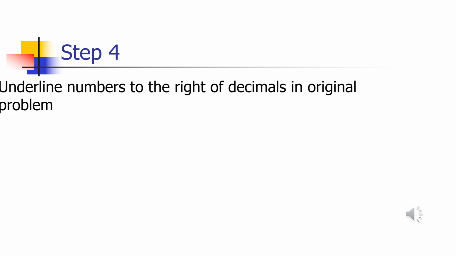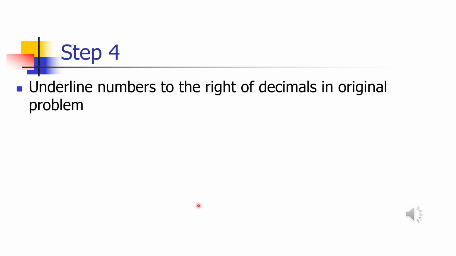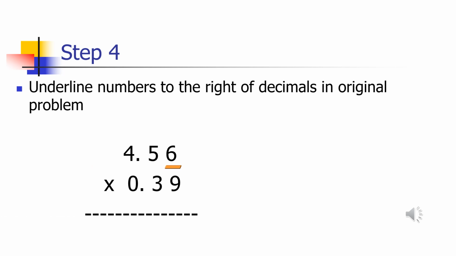Step number 4, underline the numbers to the right of the decimal in the problem. We have 4.56 times 0.39, so we have 2, 3, 4, which is 4 decimal places.